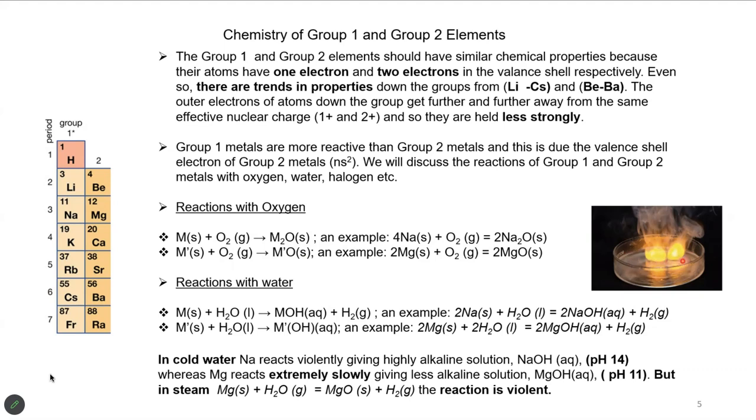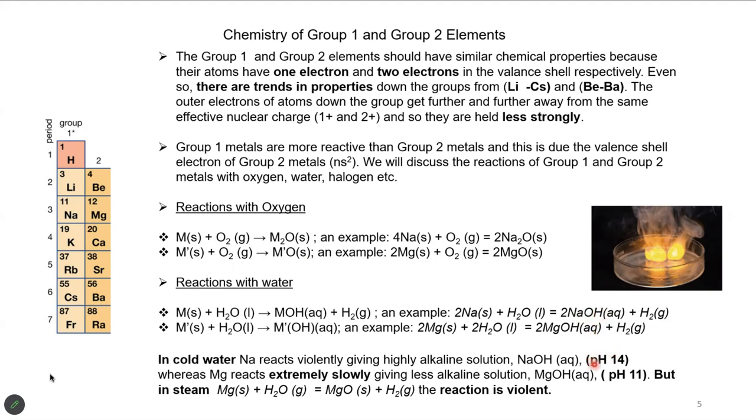And the solution left is sodium hydroxide, with hydrogen gas coming up. This sodium hydroxide is an aqueous solution. We call it alkaline solution. When you write sodium hydroxide, aq, it's an alkaline solution of sodium hydroxide.